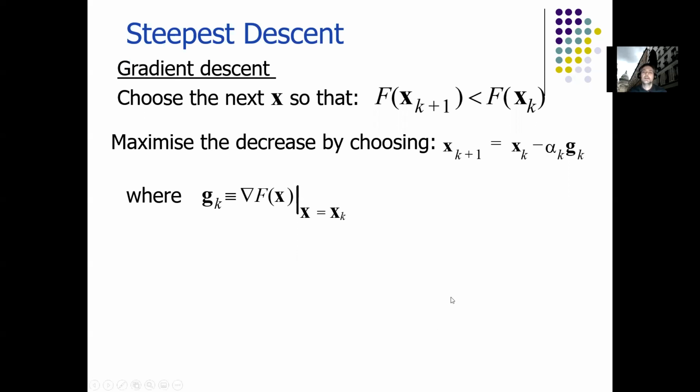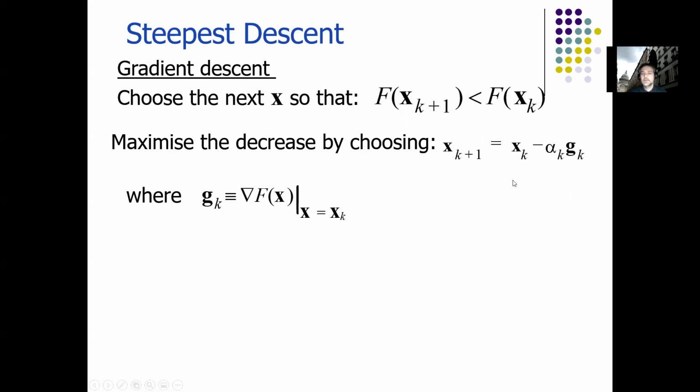So the value of function f at the point x k plus 1, the updated point, should be smaller than the value of the function at the previous point. According to the steepest descent, because one could produce different types of gradient descent algorithms, one way to quickly maximize the decrease of the error is to follow the negative of the gradient.